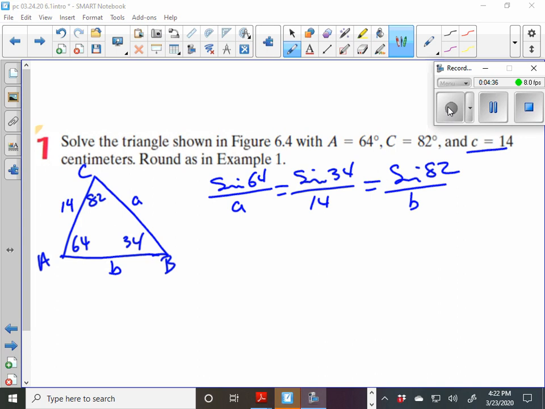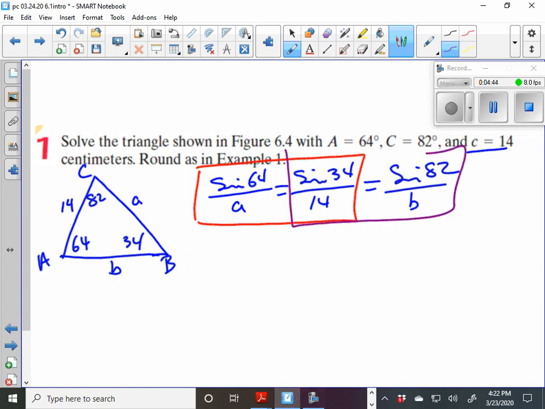And now you've got a couple things going on. First of all, here's a proportion you could solve, and at the same time, here's another proportion you can solve. When they say solve the triangle, they intend for you to find the measure of angle B, which we already have done, 34, side a, and side b.